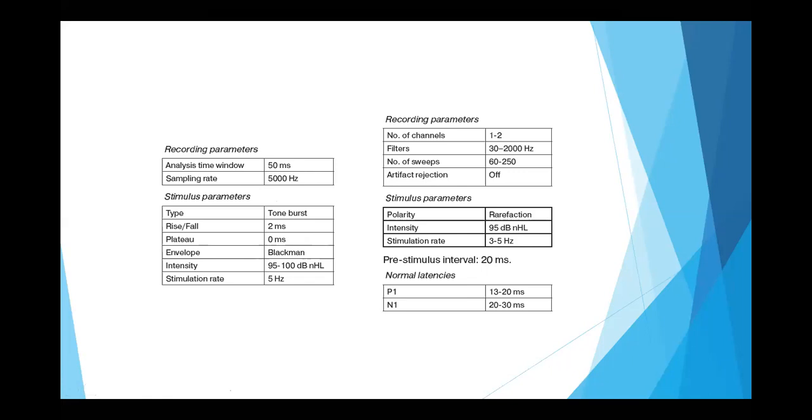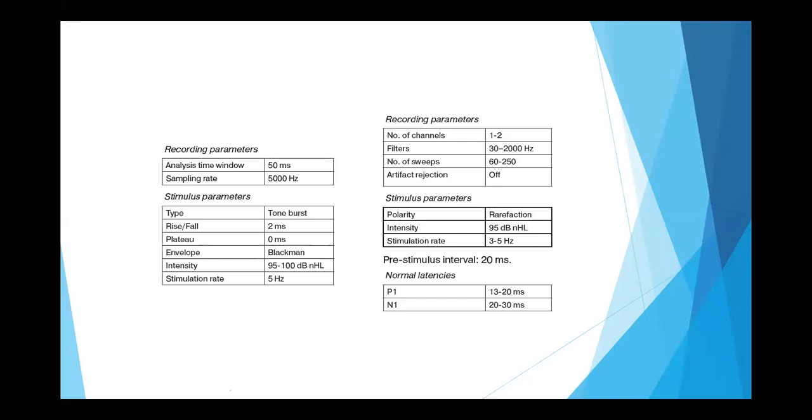When I record with all the stimuli, with tone bursts of 500, 1000, 2000, 4000, and even 8000, and with clicks, chirps, and noise bursts, I see that the response for the 500 hertz tone burst is better compared to the other stimuli. That's why it is understood that the saccule has a better tuning to 500 hertz. That means when you present a 500 hertz tone burst, we are going to get a better response than with any other stimulus.